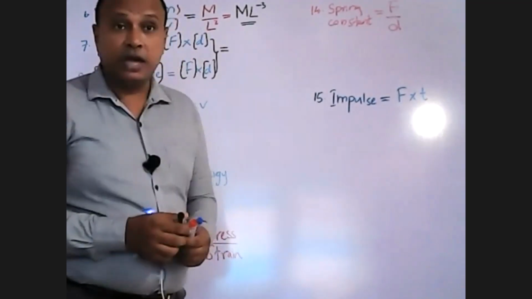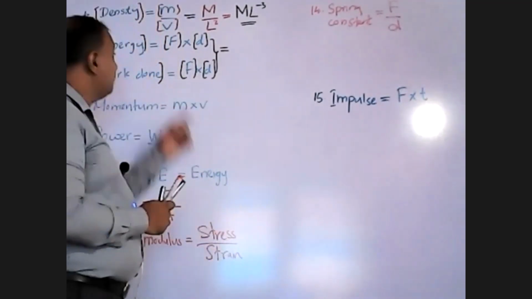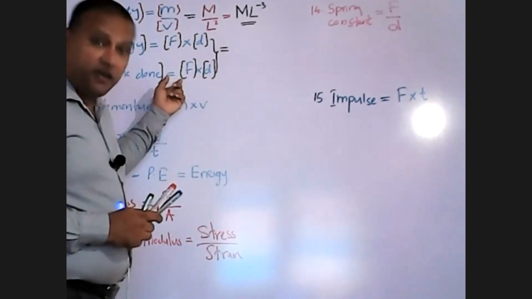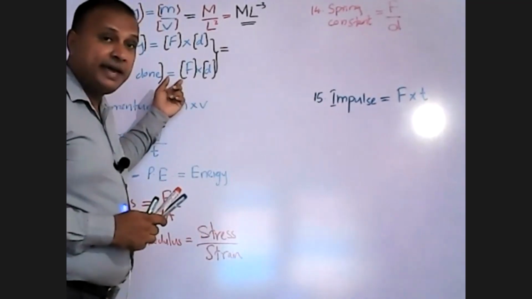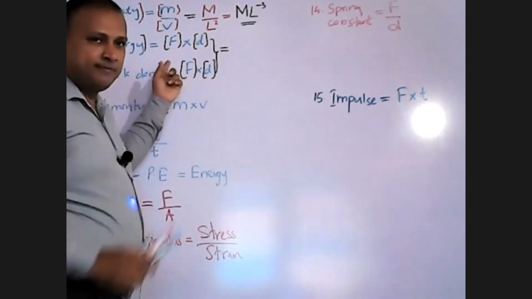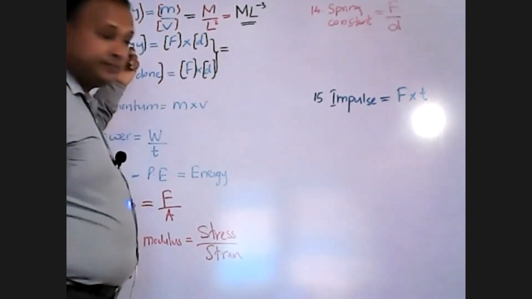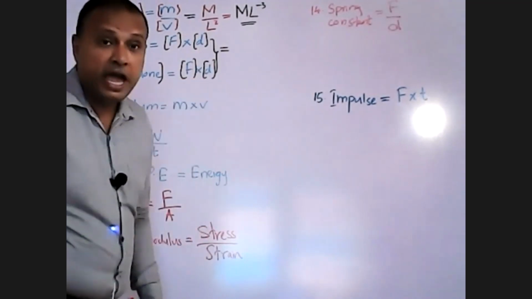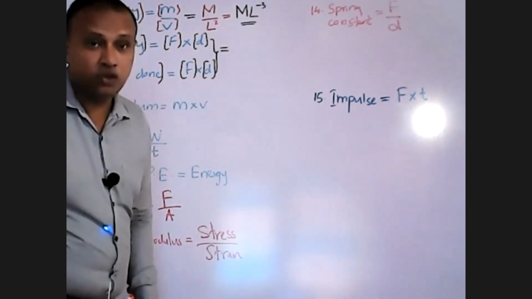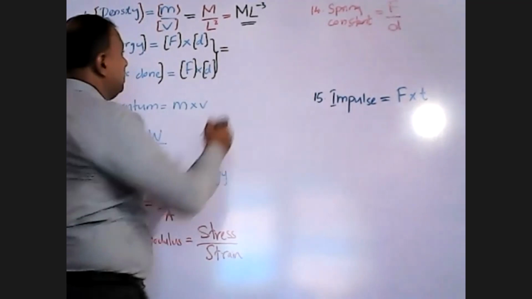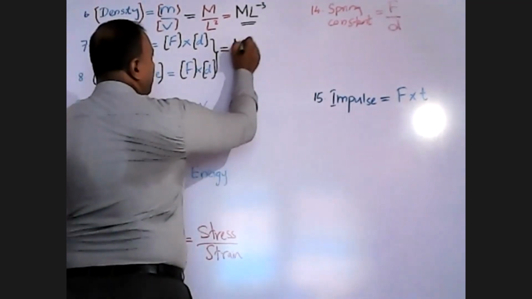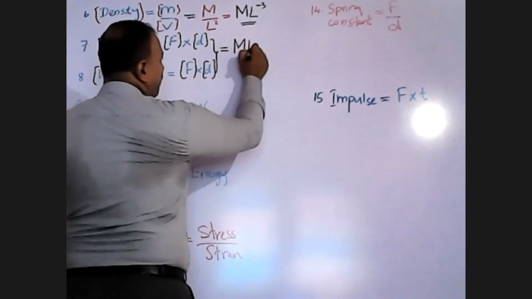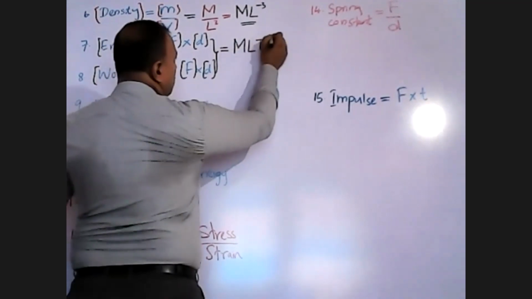Not FL. F has a dimension. What is the dimension of F? You have to assign the dimension of F. MLT minus 2. The dimension of F is MLT minus 2.